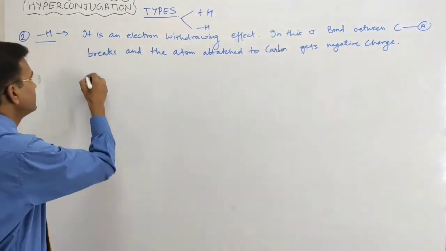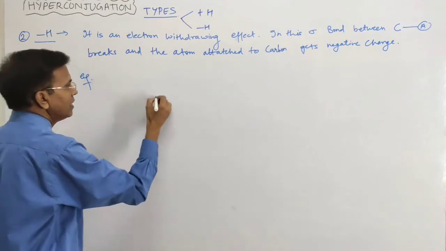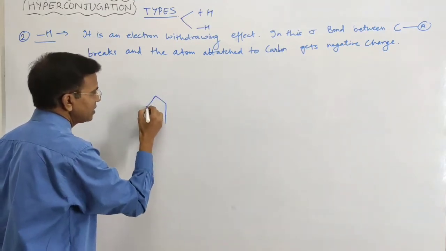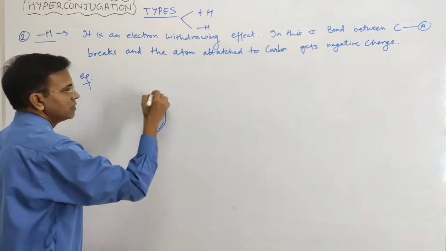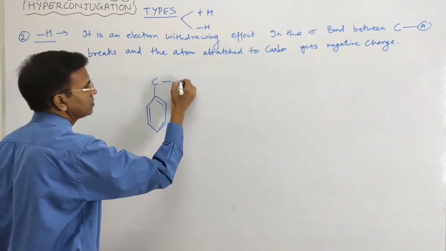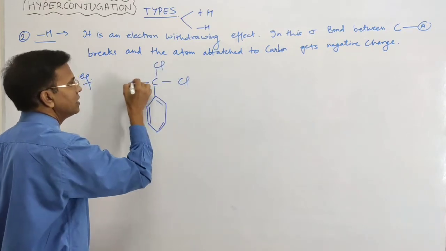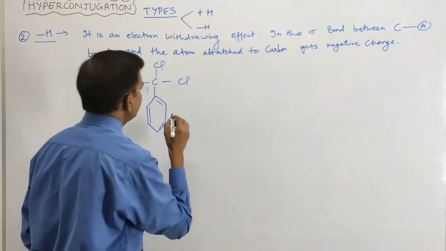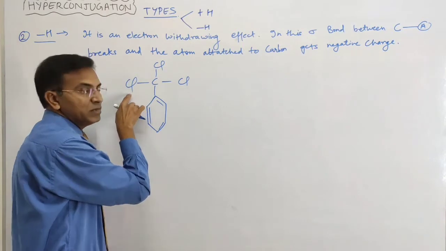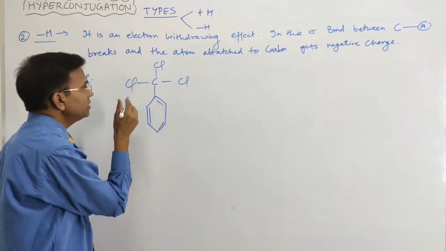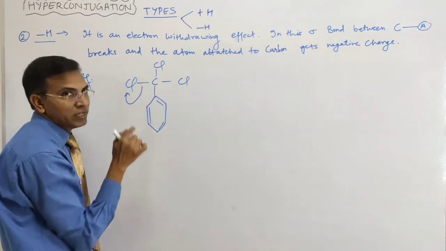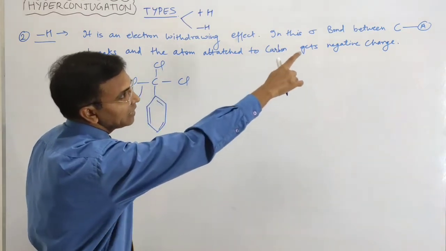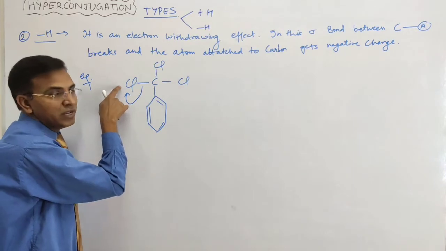For example, let's take this Cl. In this, the chlorine atom is there. It is more electronegative than carbon. It attracts the sigma electrons between the carbon and chlorine. So this time the atom is chlorine, right?